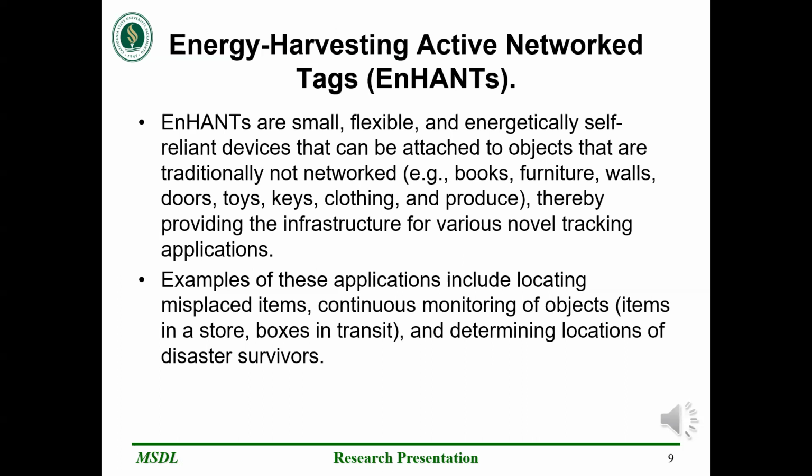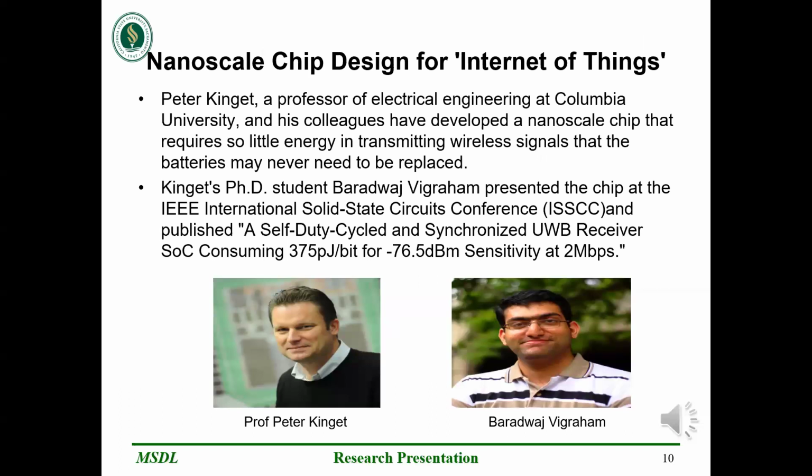Examples are books, furniture, walls, doors, toys, keys, clothing, and produce, thereby providing the infrastructure for various novel tracking applications. Examples of these applications include locating misplaced items, continuous monitoring of objects, items in a store, boxes in transit, and determining locations of disaster survivors.